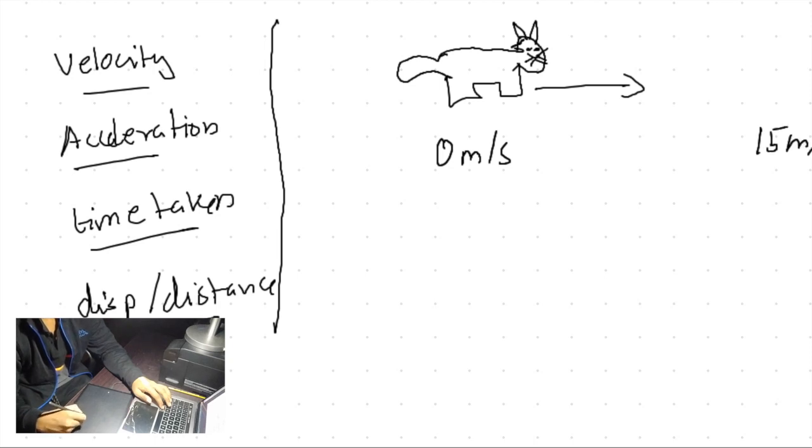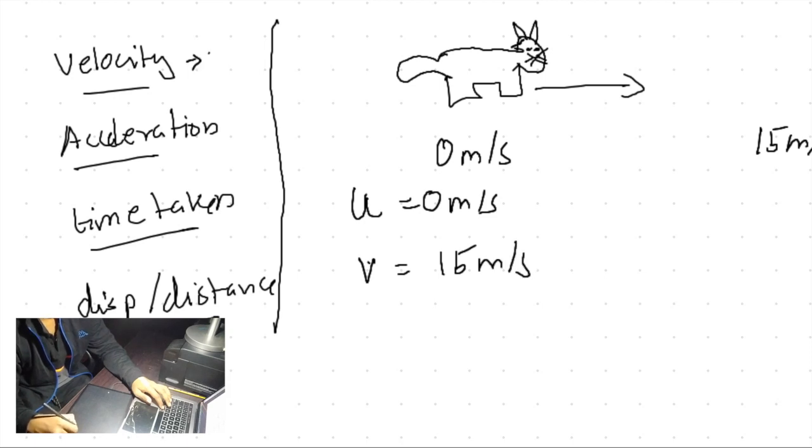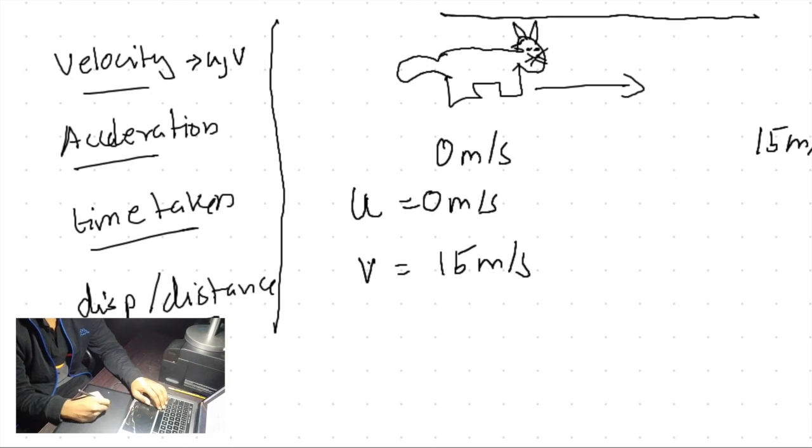So the velocity is from 0 to 15. So the initial velocity u is 0 meters per second, and the final velocity is 15 meters per second. That's something called initial and final. So initial is its initial speed or initial velocity, and v is the final velocity or the final speed of the cat. So let's say it's traveling for a distance of 100 meters.